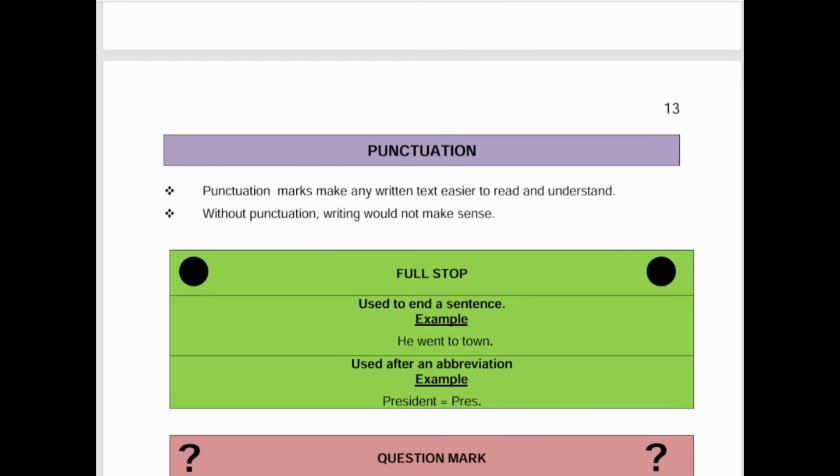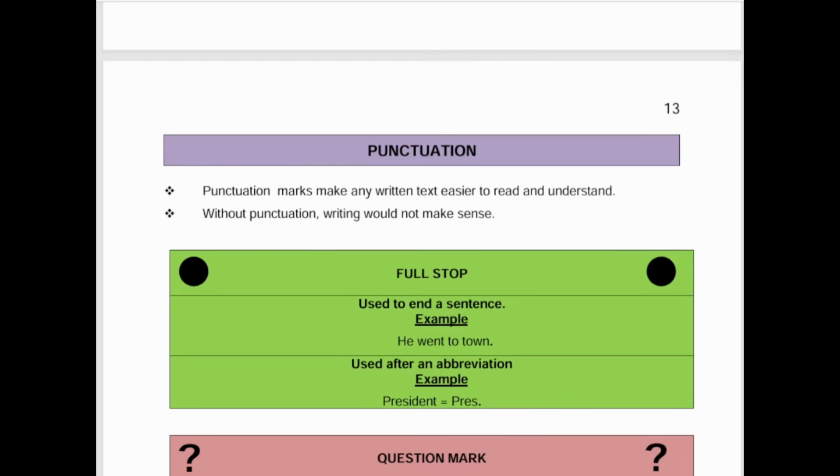Under the punctuation marks, I would like us to start with the full stop. The first punctuation mark is the full stop, and you can see how a full stop is written. It is just a dot. A full stop is used at the end of a sentence.